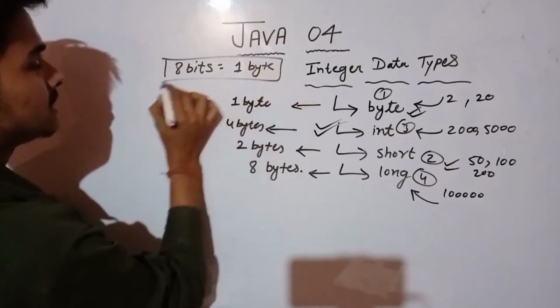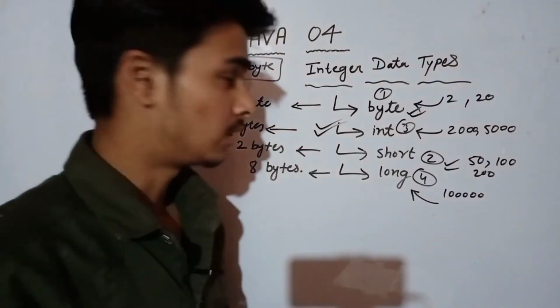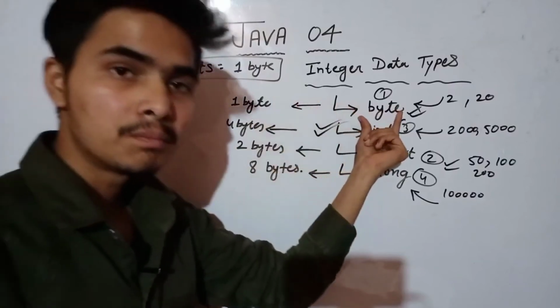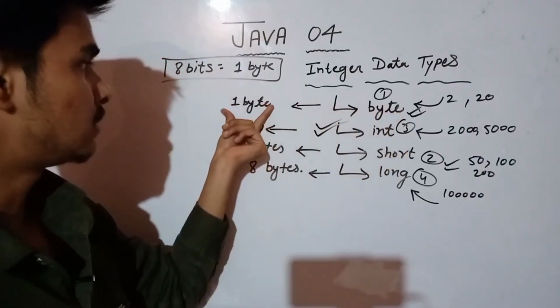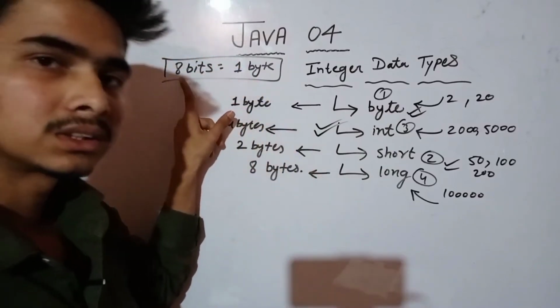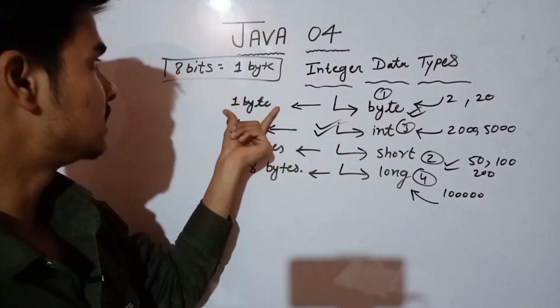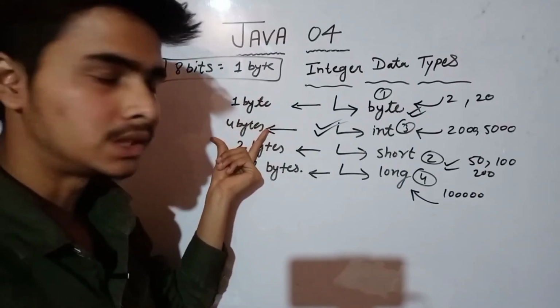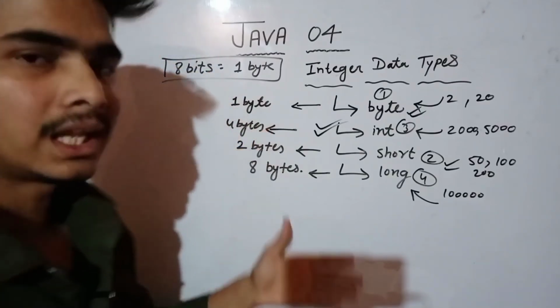Definitely these can be asked in your program or question, that how many bytes are there in a byte variable. You will answer 1 byte. And if it asks in terms of bits, then you will say that it is equal to 8 bits. Similarly, int is 32 bits.